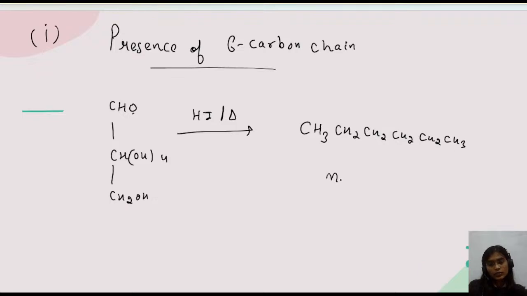So what is it? It's n-hexane. This is proof number one for the presence of 6 carbons in a chain. Just by using HI as a reagent, we end up with a 6 member chain, that is n-hexane. Proof number one, that's it.